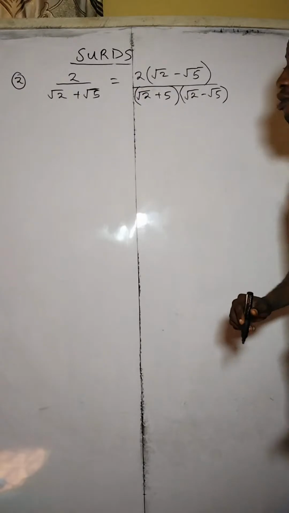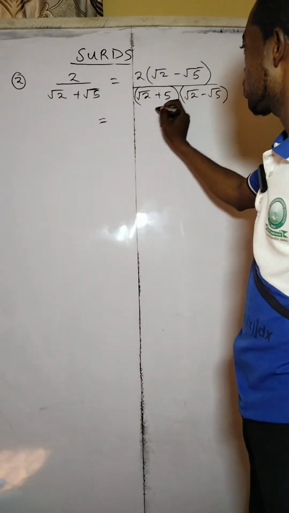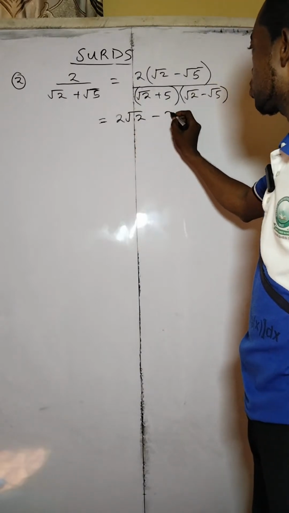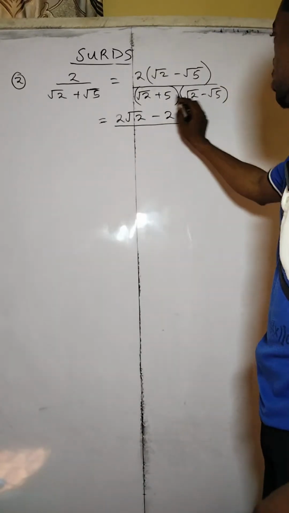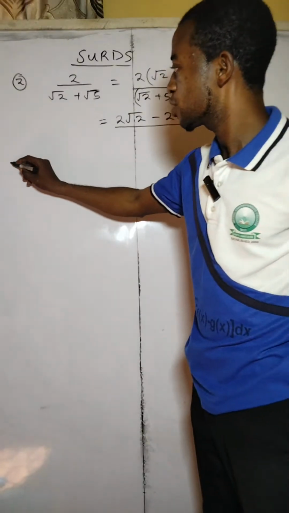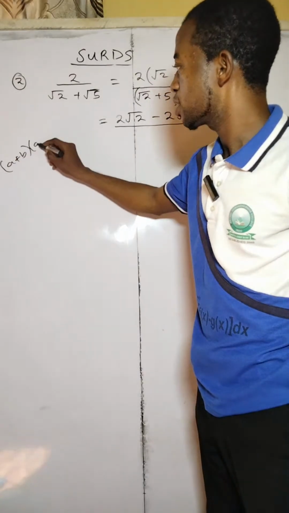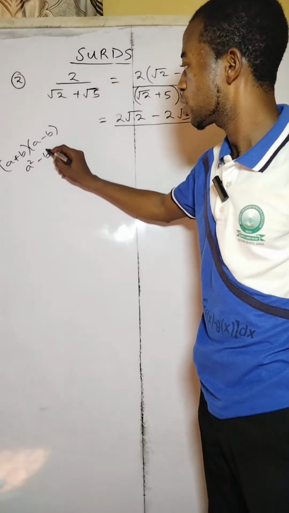Then we multiply by expanding this bracket. 2, we open this bracket, and this becomes 2 root 2 minus 2 root 5. Then over here, we also have conjugates from perfect square, a plus b into bracket, open bracket, a minus b. This is same thing as a square minus b square.